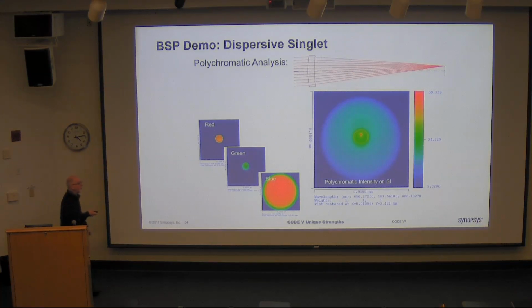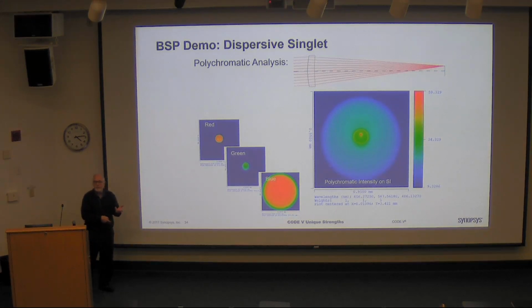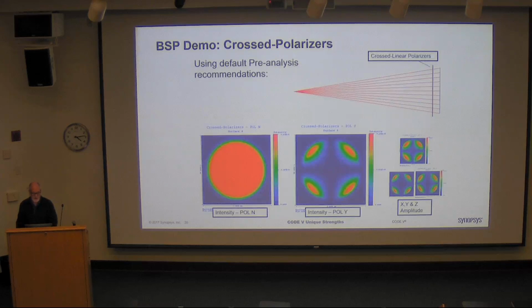We can also do an incoherent summation of those intensities to see the intensity distribution for the polychromatic spot. Again, you can see the red, the green, and blue. The colors here don't correspond to the colors of the spectrum; they correspond to intensity. But we have the ability to do either a monochromatic or polychromatic analysis.